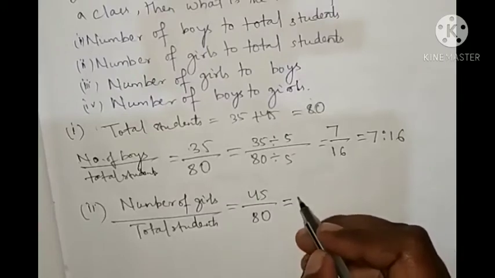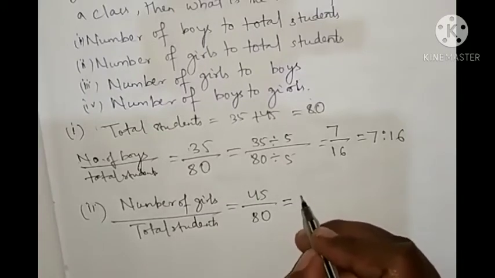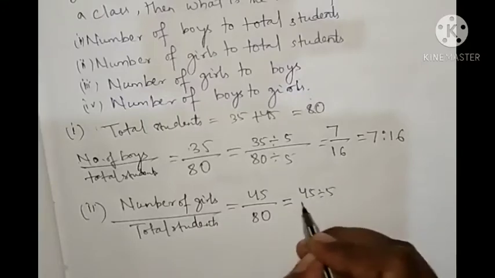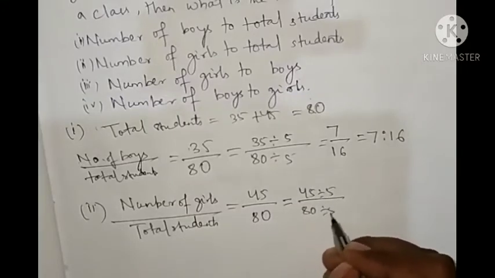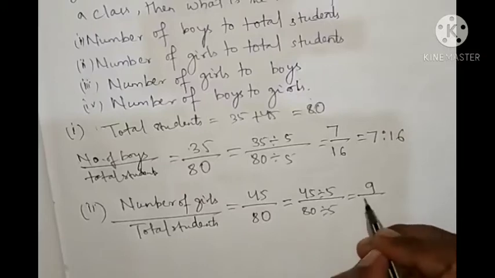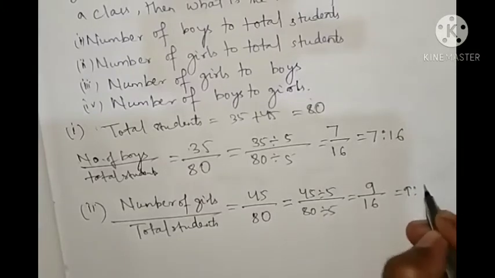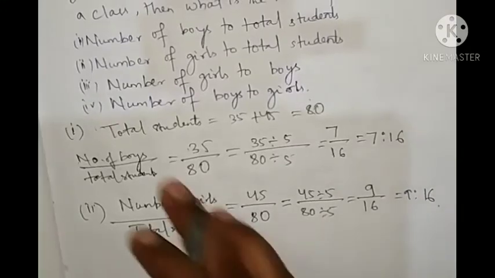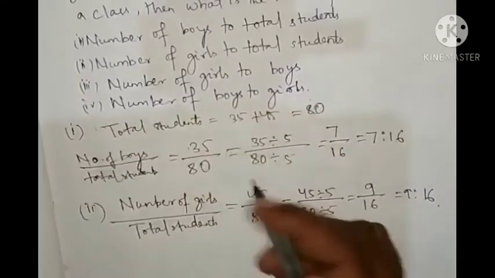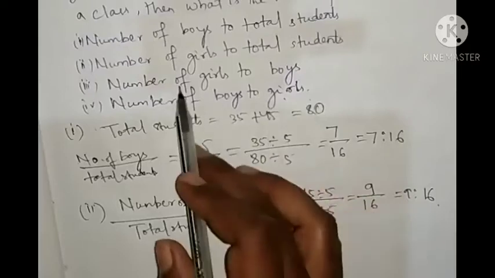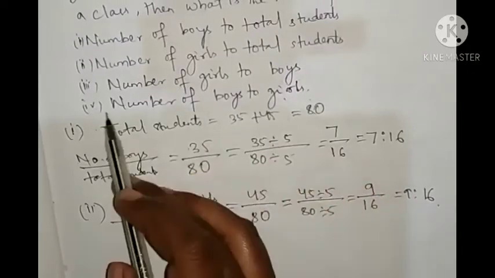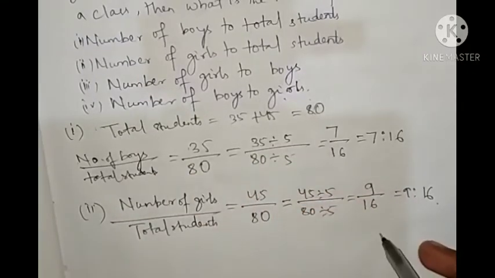So what you will do? 45 divided by 5, 80 divided by 5. It is how much? 9 by 16. That is 9:16. So you will answer the rest of this, number of girls to boys, number of boys to girls, by yourself. Okay.